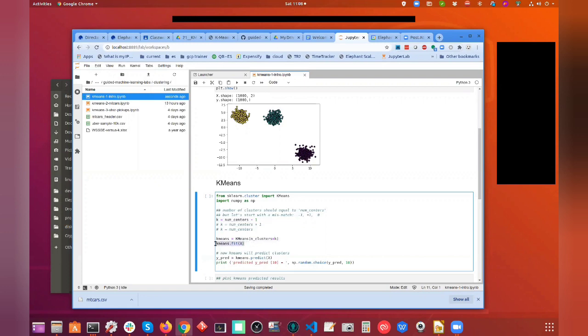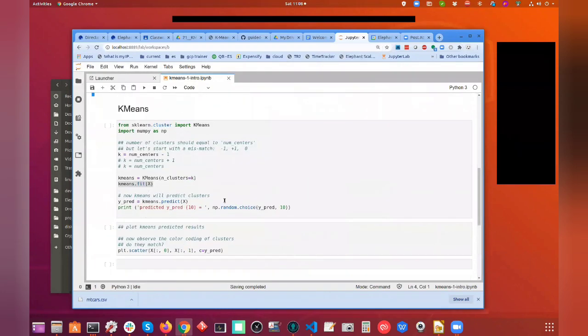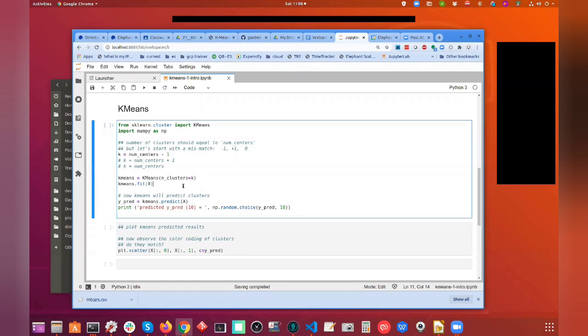Actually, let me make it a little larger so you can see better. So we fit the data. Remember, there's no training and testing. We give the entire X. There's no X_train, y_train anymore, because these are unsupervised algorithms; they are going to look at the patterns in the entire data.